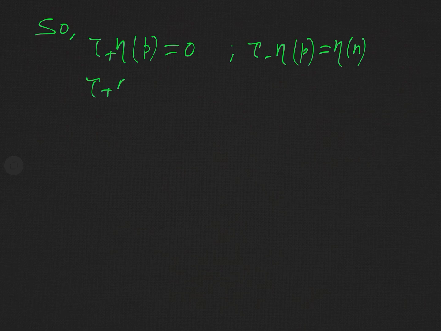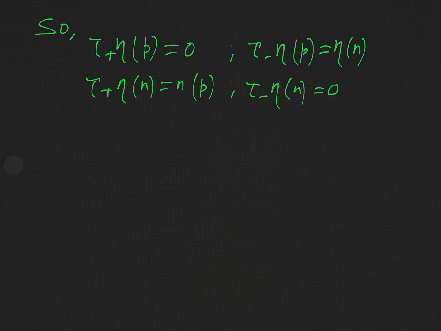And tau plus eta n will be equal to eta p, and tau minus eta n will be equal to 0. And say this is equation 5.